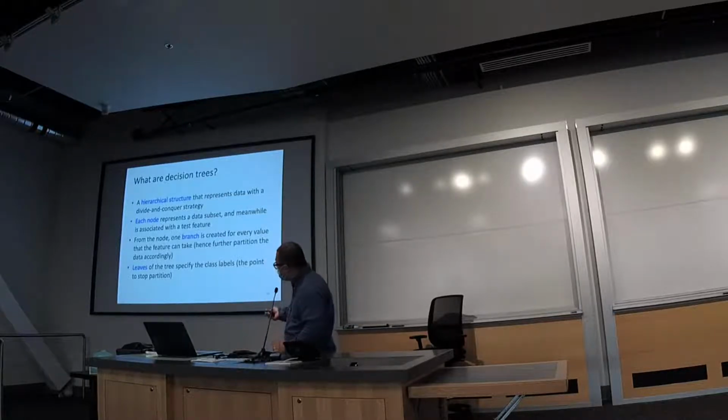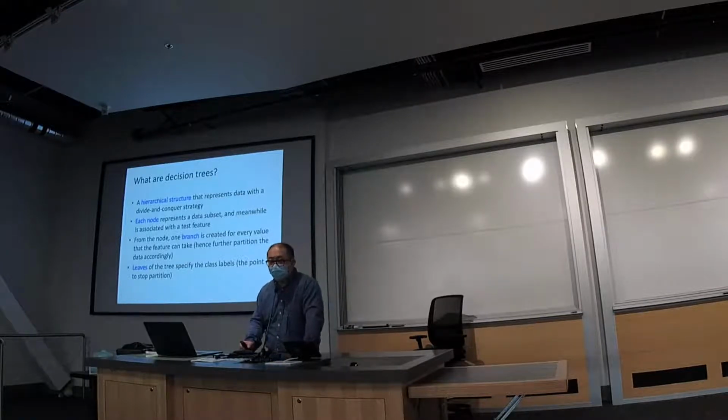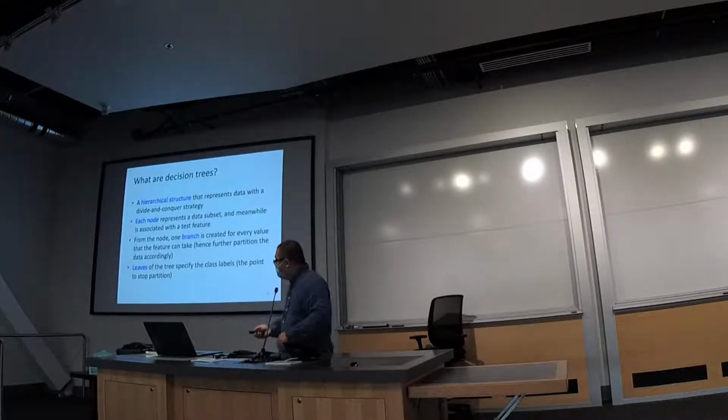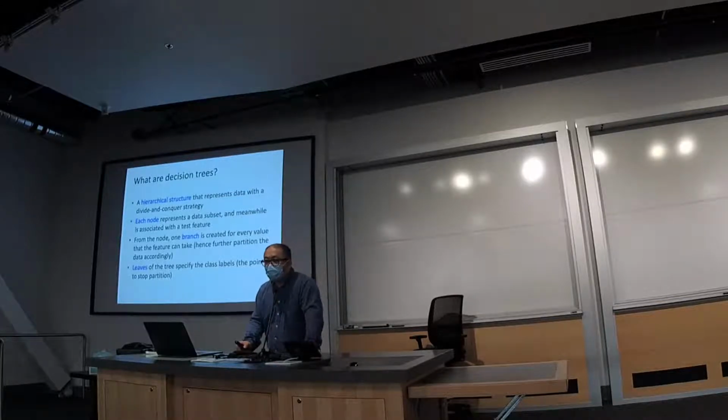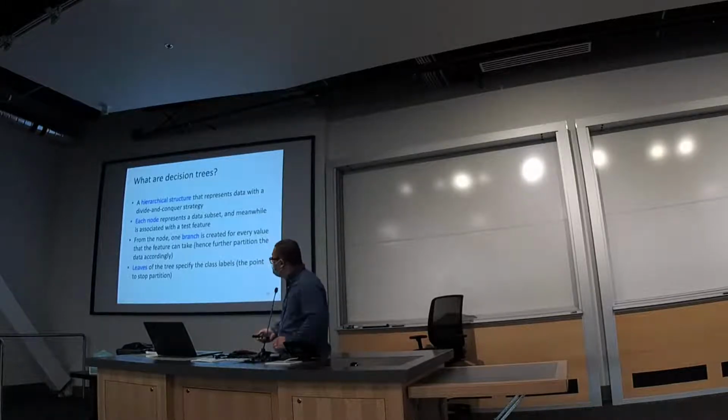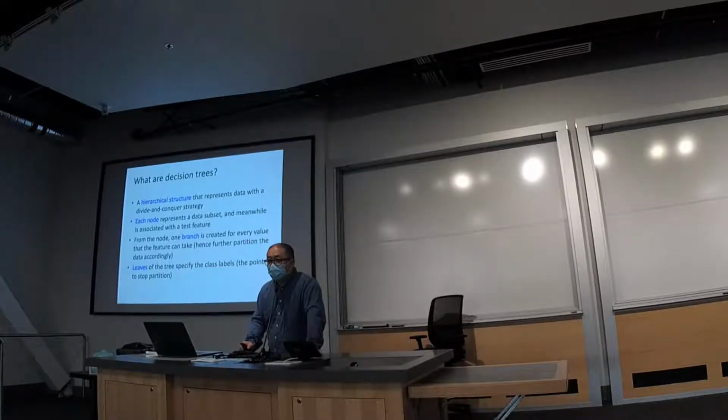In that case, it is unnecessary to further split the data set. We just stop here and give a label to this leaf, just the label of all the examples in the corresponding subset. That's the general definition of decision trees.